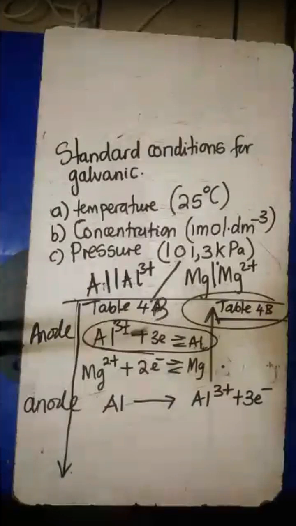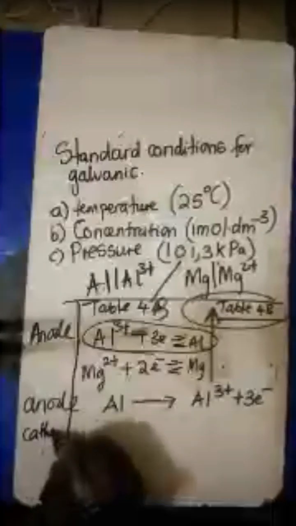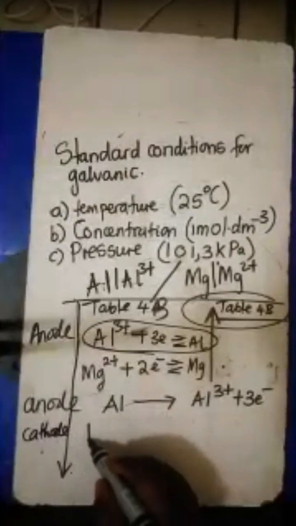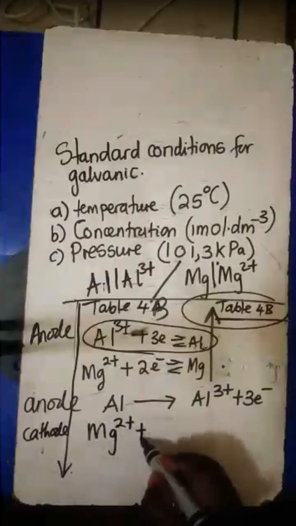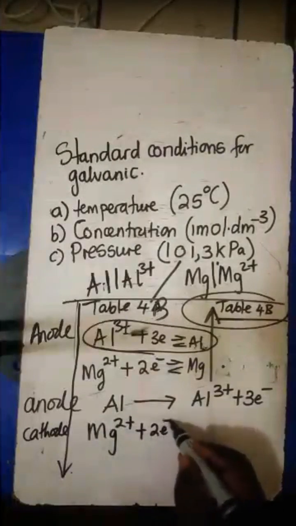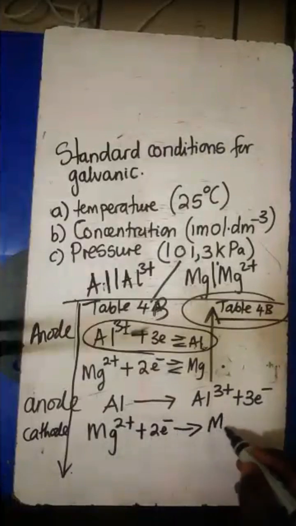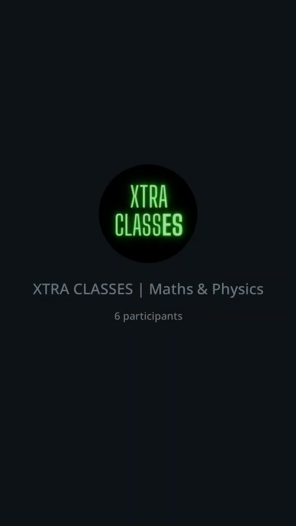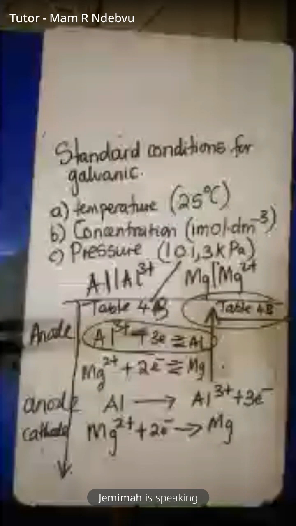Yes, ma'am. Then the cathode, you write the way you see it in the paper. Can you see there's Mg2 plus, 2 electrons? You now make use of 1 arrow. Don't use 2 arrows. Then you form magnesium. Are we following that? Yes, ma'am.